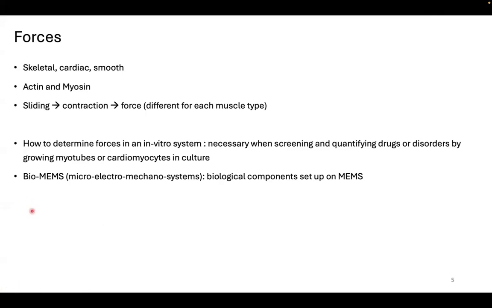So, if you remember last week, we transitioned a little bit from neurons and myelinating cells to muscle cells. We discussed briefly what they are made of, what sort of a differentiation regime needs to be done when you're culturing muscle cells.